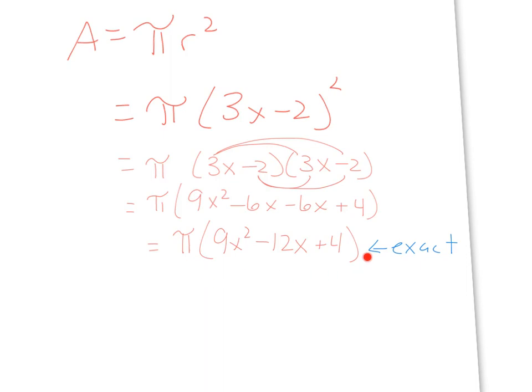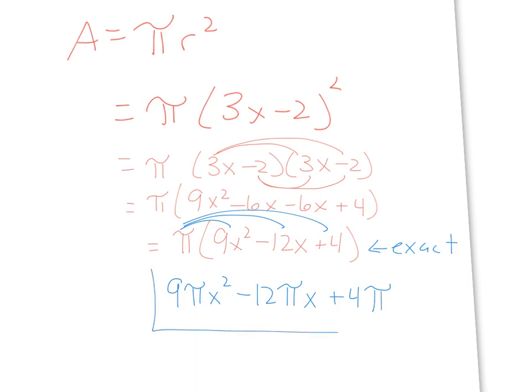But we're going to go ahead and leave our answers exact, which means we're going to go ahead and distribute that pi through. Okay, and when we do that, normally we put the pi after the number. So it'll be 9 pi x squared minus 12 pi x, and then plus 4 pi. And that is going to be your answer.